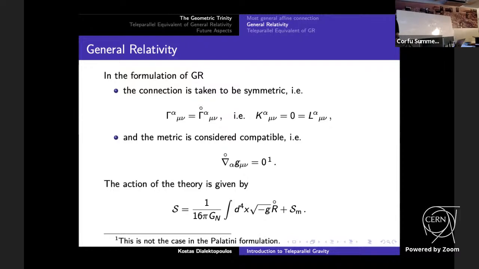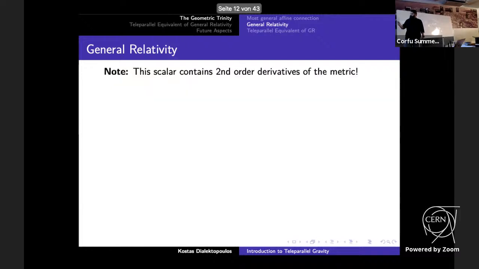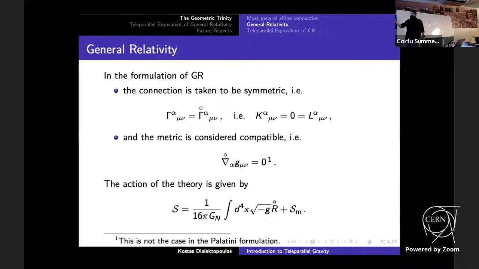And the action of the theory is given by the simplest scalar that one can construct, which is the Ricci scalar. Since the Ricci scalar depends on the Christoffel symbols, and the Christoffel symbols depend on the metric, all the information is encoded in the metric.